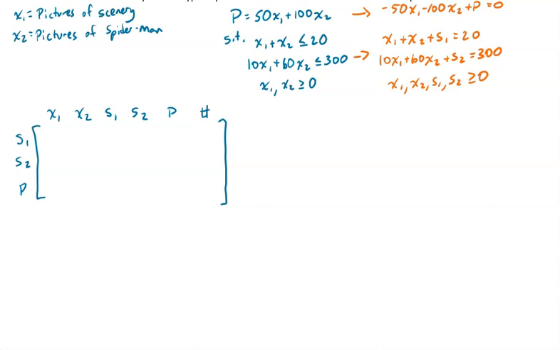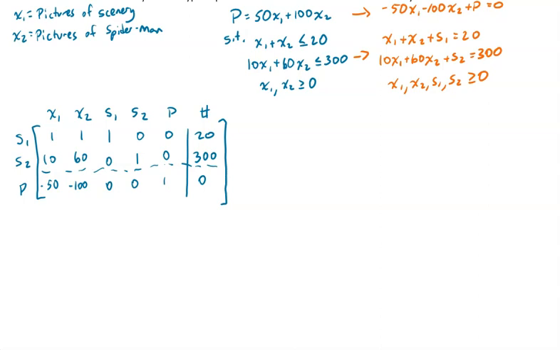Our first constraint would be 1, 1, 1, 0, 0, 20. The second constraint is 10, 60, 0, 1, 0, 300. And lastly, our profit equation is negative 50, negative 100, 0, 0, 1, 0.